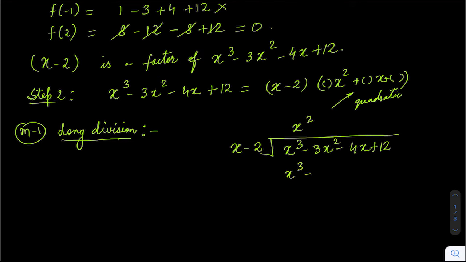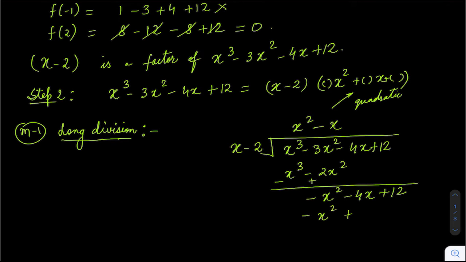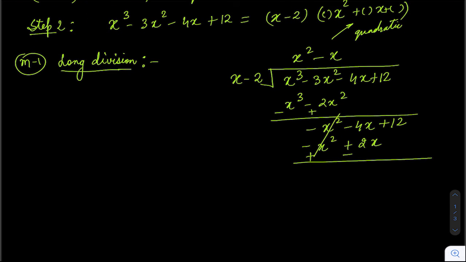This will be x cubed minus 2x squared, and then we subtract it to find the remaining expression. We get minus x squared minus 4x plus 12. Then we go for minus x, so it becomes minus x squared plus 2x, and then again we subtract. When we subtract, obviously the sign changes, so this becomes 0.